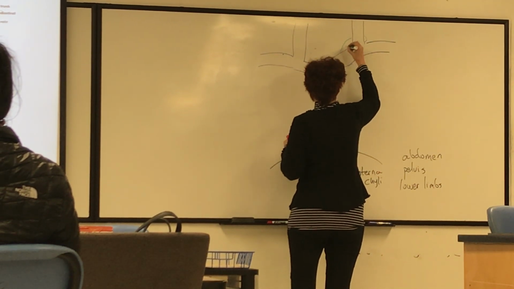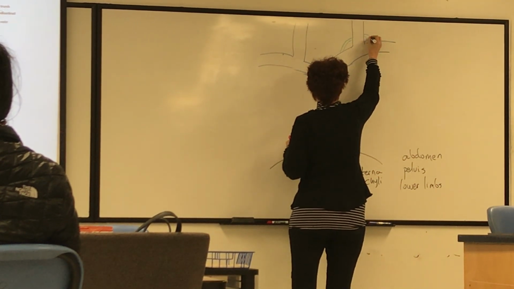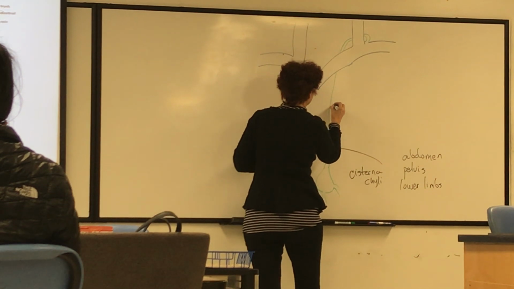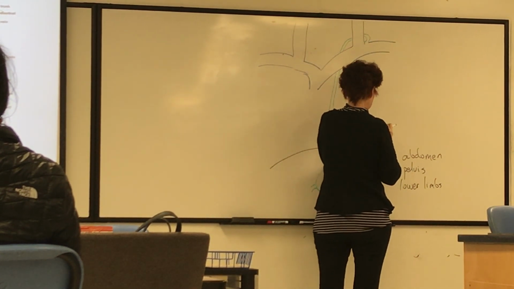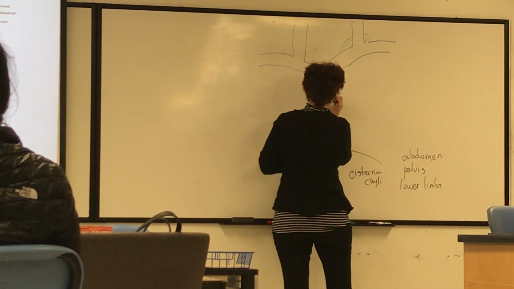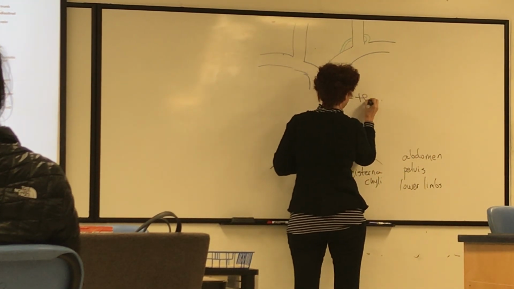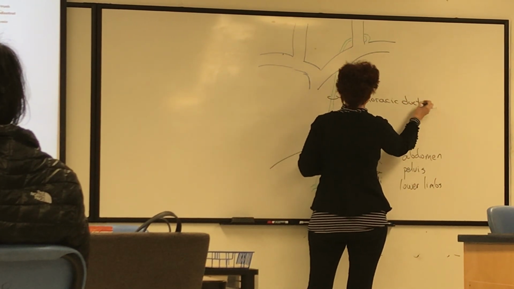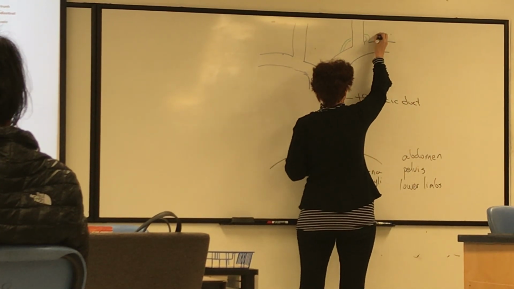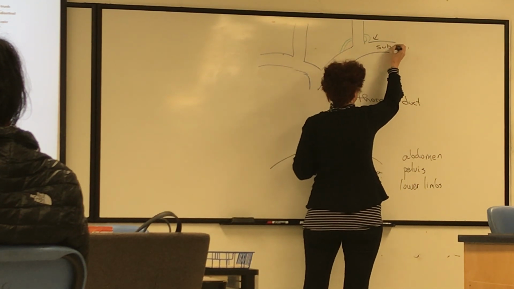And it comes and empties into the superior, the subclavian. So this is identified as the thoracic duct, and it's draining into the subclavian vein.